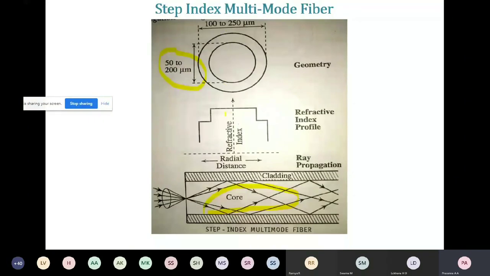And as usual, the refractive index of the core remains constant here also. Let us say 1.6 everywhere. Then the refractive index falls to the value of the refractive index of the clad, which is usually smaller than that of the core. Therefore, obviously, this comes down to the refractive index of the clad. It may be 1.59 or 1.58.